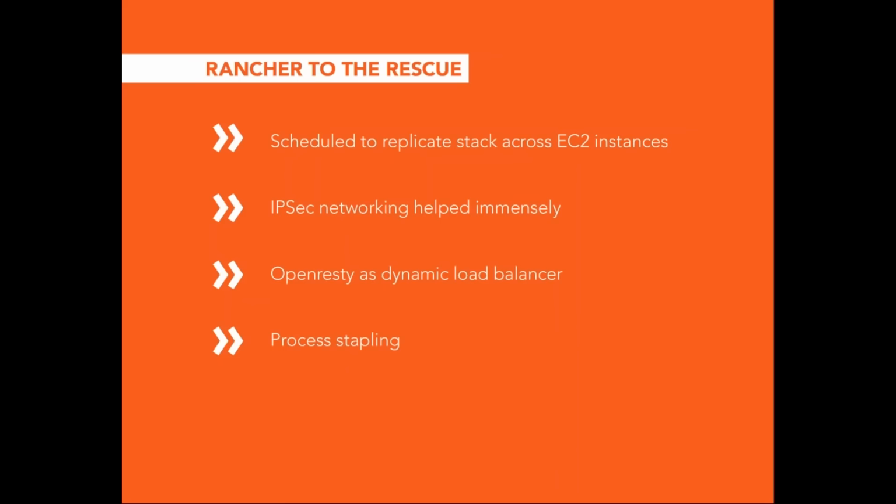Since it's all in Lua, it's able to just update a Lua table of endpoints it can hit, and it keeps track of how many connections are in each, so we could do a least connection round robin and make sure we're not overloading any one of our Puma processes, or if it's got a lot of threads running on it, we can keep that separated out and keep performance as high as possible. That gave us a lot of awesome flexibility working with OpenResty.